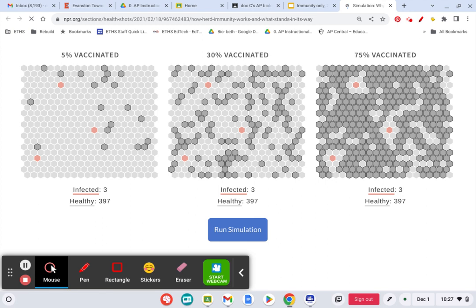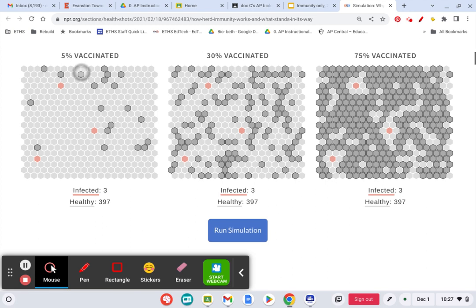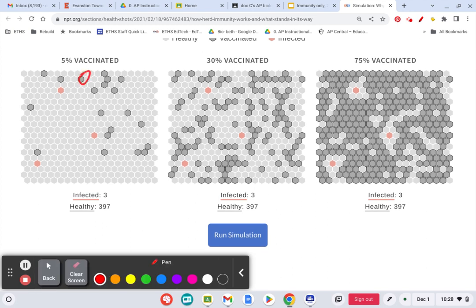I think the dark ones here represent the people who are vaccinated. So these guys are vaccinated. And here it's 5%, here it's 30%, and here it's 75%. And then you can also look at the people who are infected. Let's make them pink. Hey, we got some here. We got some here. Got some here.